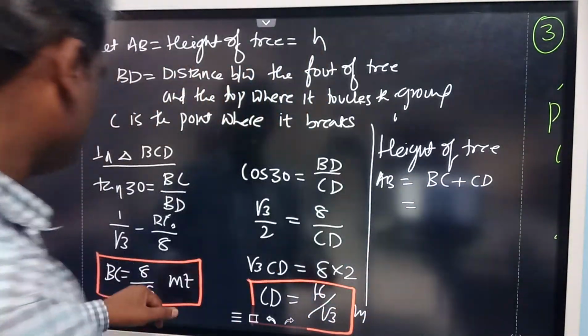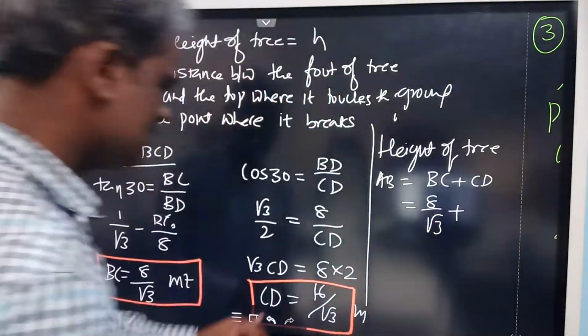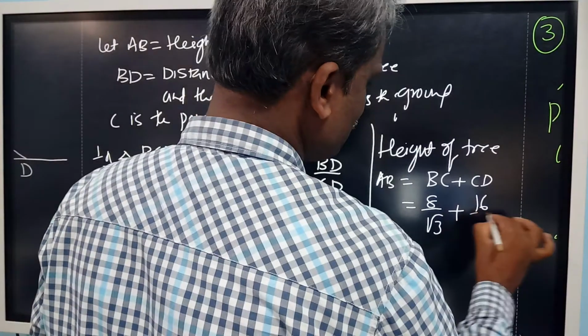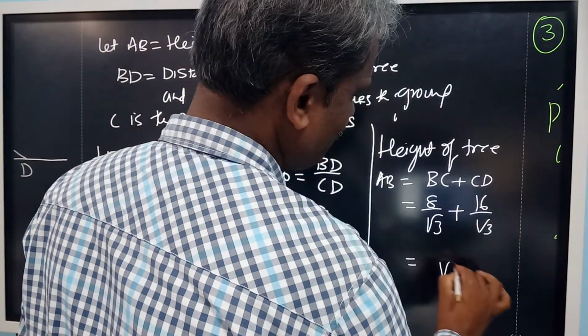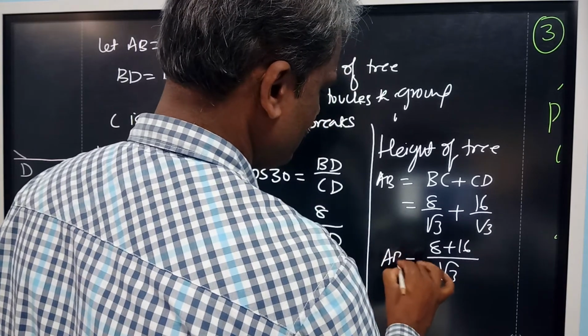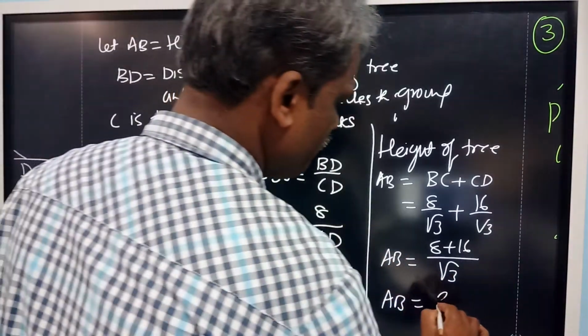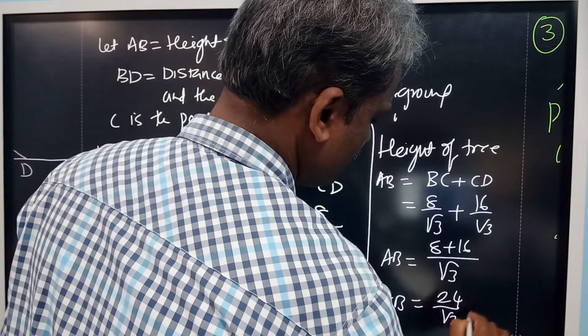So BC length we calculated 8 by root 3 and CD length we calculated 16 by root 3. So take the LCM, root 3, 8 plus 16. So therefore AB is equal to 24 by root 3 meters.